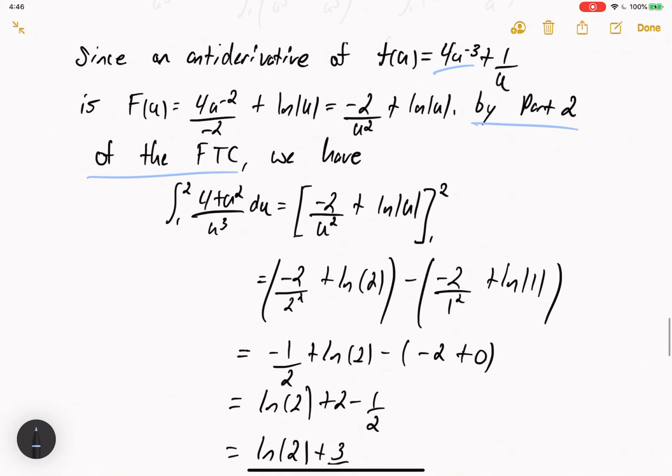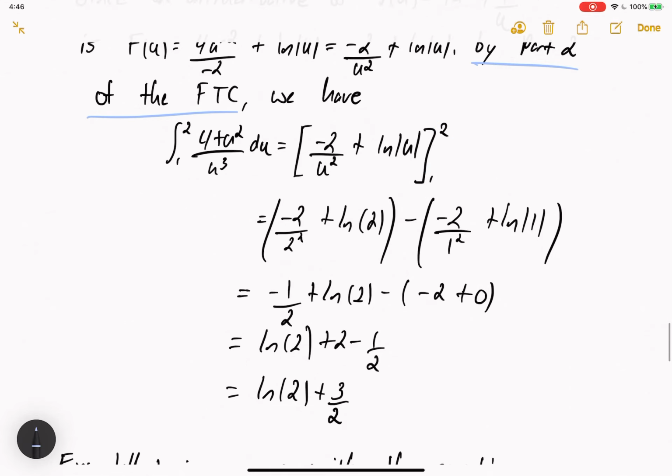So that's what we have: the integral from 1 to 2 of 4 plus u squared divided by u cubed du is equal to the antiderivative evaluated at 2 and 1, and then you take their difference. Again, that's not squared.